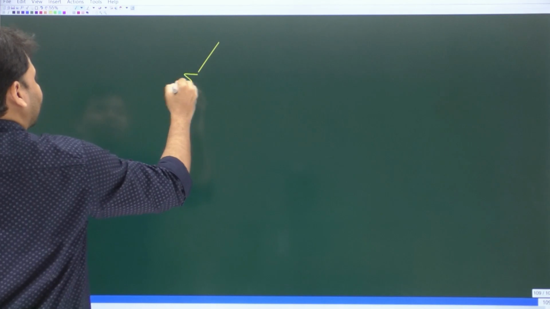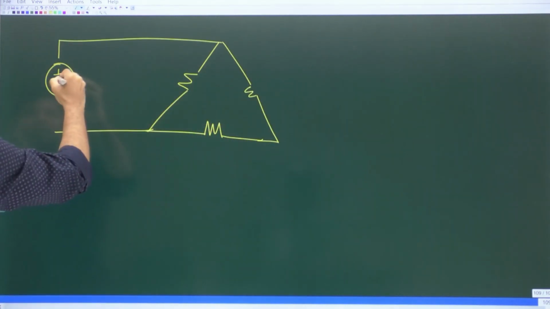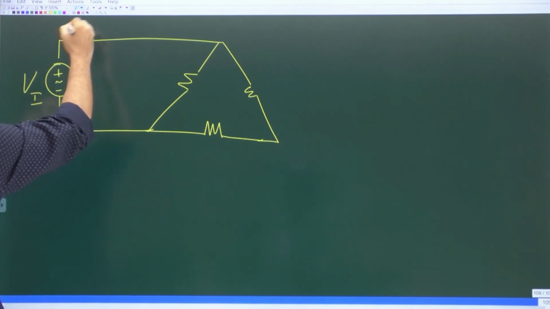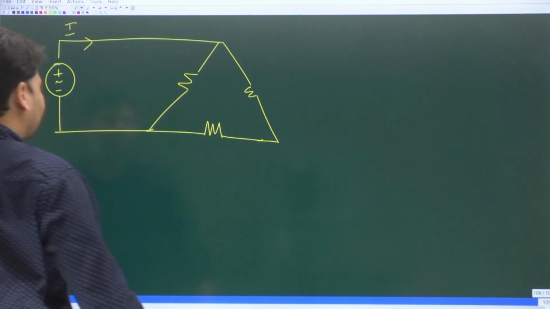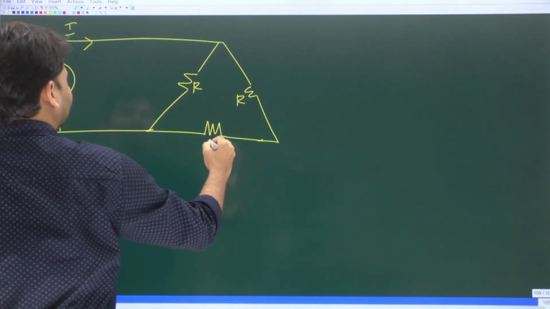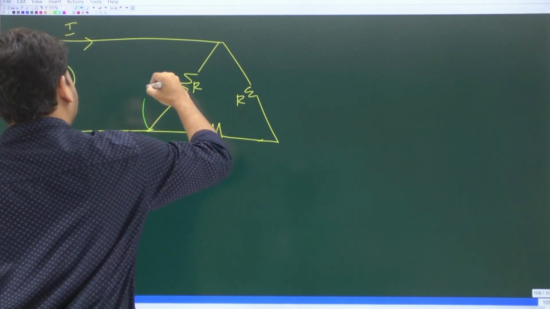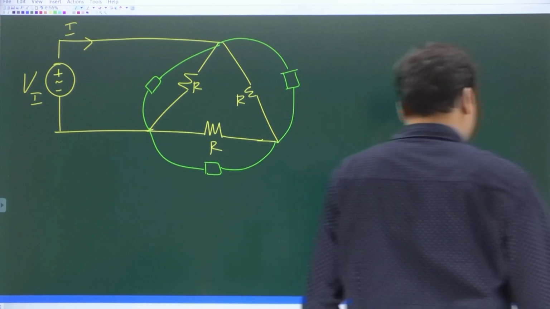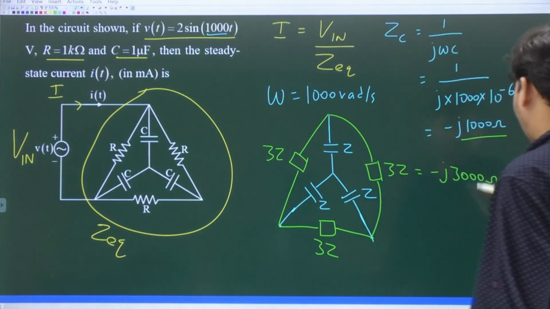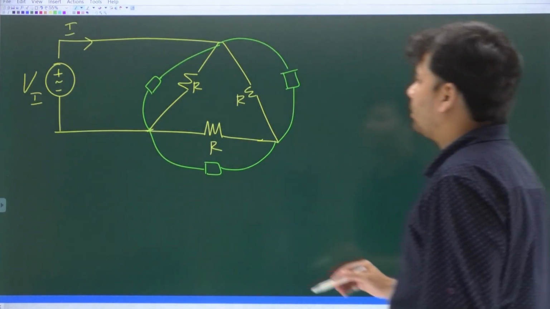Okay, I think we should go to the next slide. So the network is like this. Here we have the input source Vi, and this is the input current I. This is R, this is also R, this is also R. Now we got the 3 new impedances, like this. What is the value of each green color impedance? Minus j 3000. Value of resistance is 1 kilo ohm.